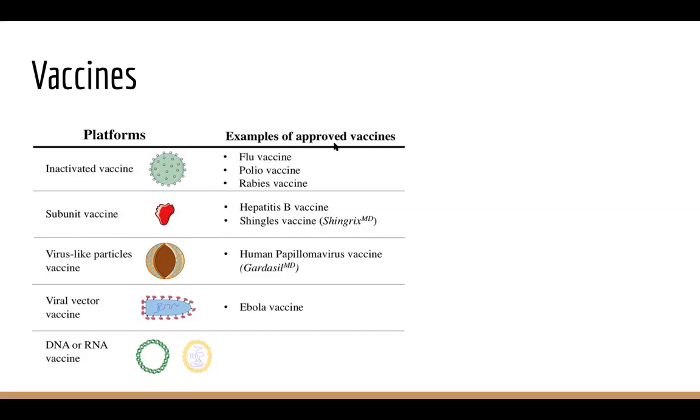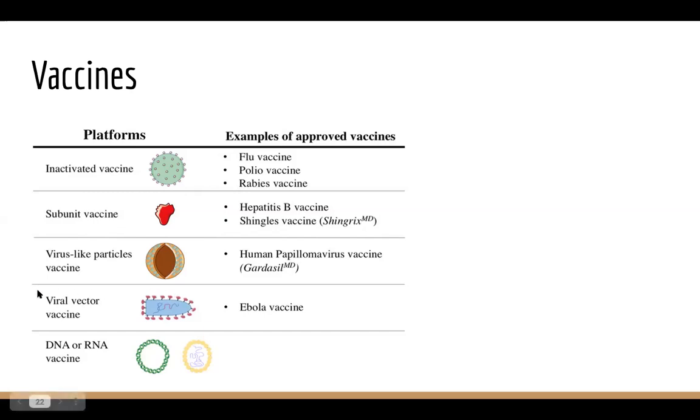However, that one's not as available. I've never gotten it personally. I've heard that it's like an intranasal spray. There are virus-like particles, which will be very similar to the actual virus itself, but still cause immunity for it.